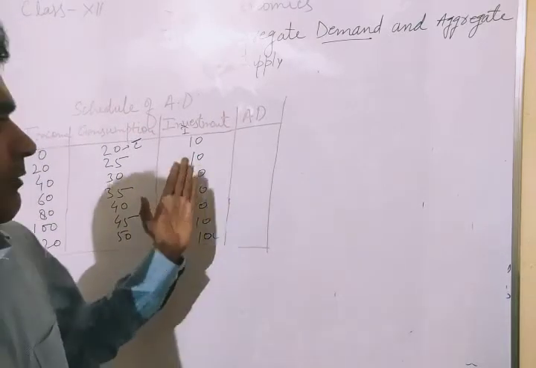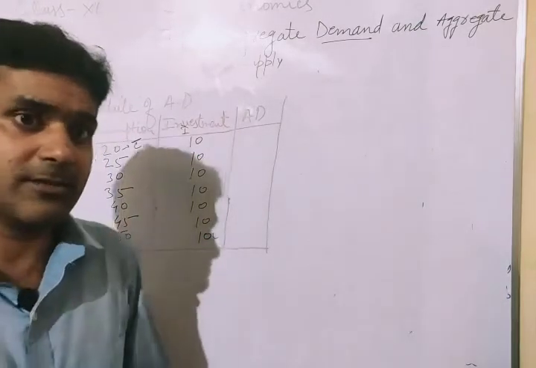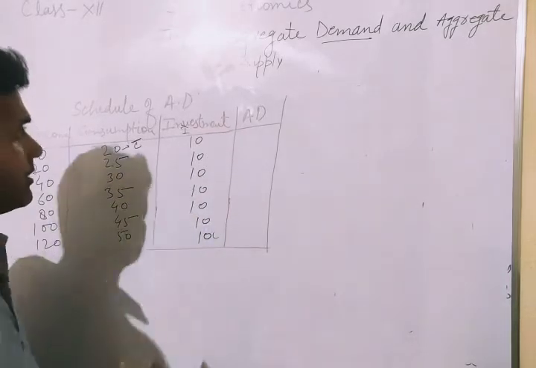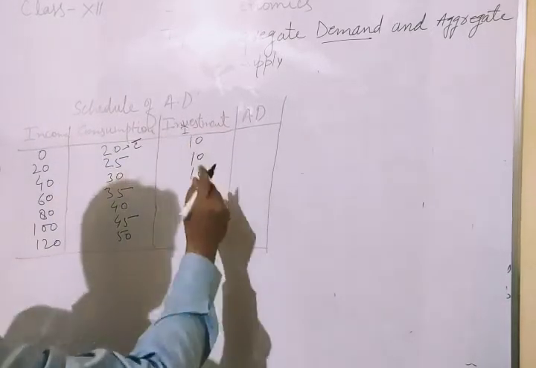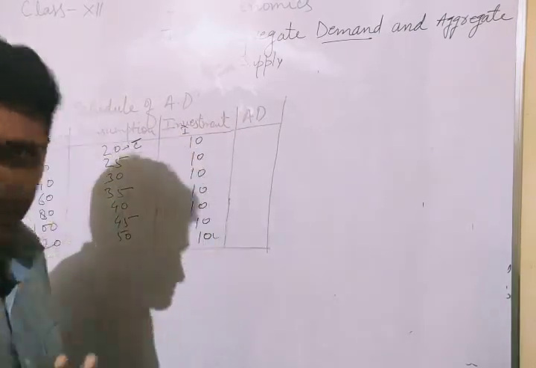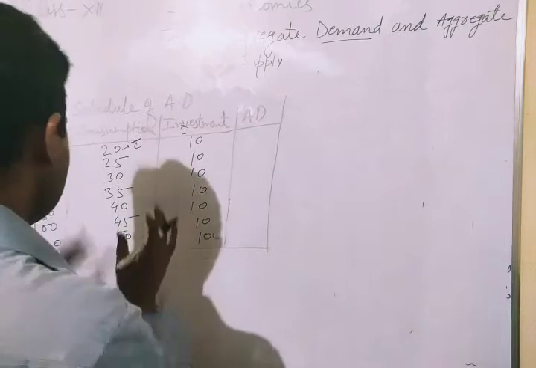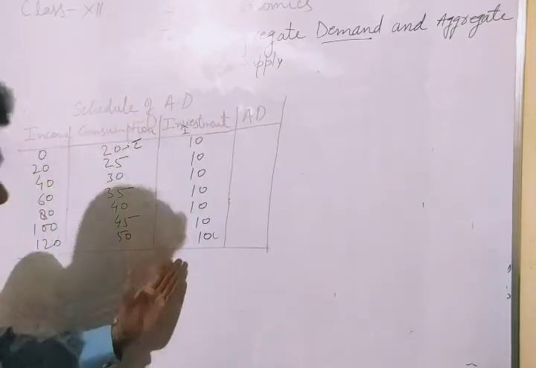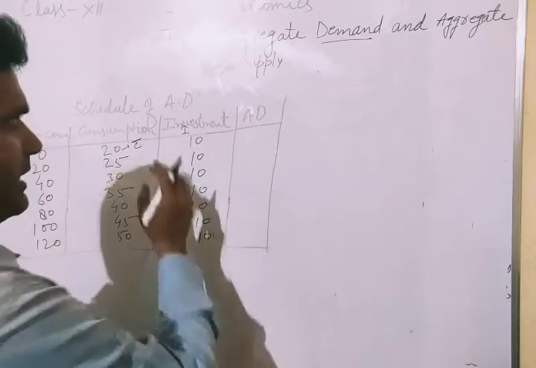If availability of credit increases, then the level of investment will also increase. But in our study we assume it as autonomous because we are dealing with income. So it is independent of the level of income, so it remains stable: 10, 10, 10.